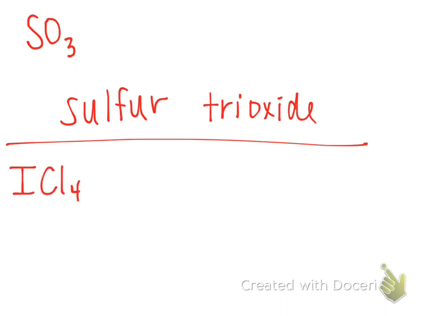Okay, ICl4. So in this case, Evan, like you asked, iodine and chlorine, they're in the same row. So usually the least electronegative goes first. So the farthest from fluorine, so the farthest one down.